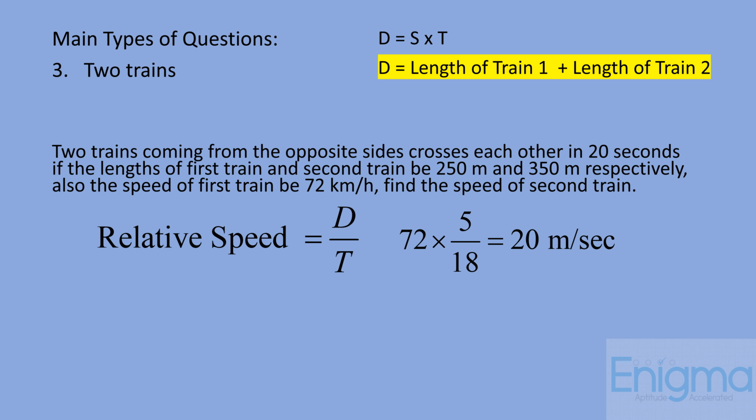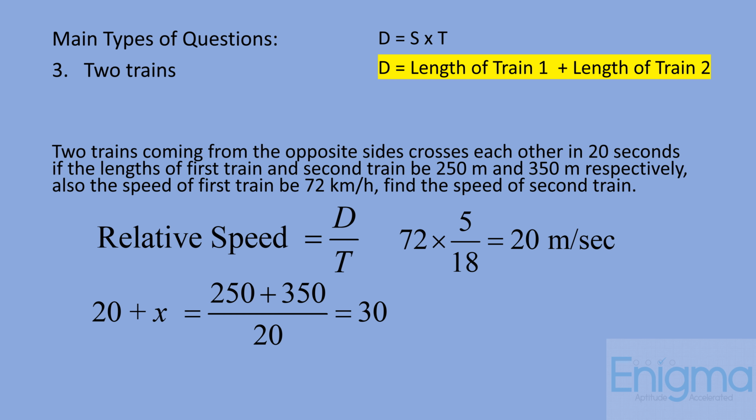Now relative speed, or speed in general, is nothing but distance upon time. Here, because they are traveling in opposite directions, the relative speed will be the addition of the speeds. So 20 plus x is equal to, now distance, as we have already seen, is always addition. So 250 plus 350 meters, that is the length of train 1 plus the length of train 2, upon the time, which is 20 seconds.